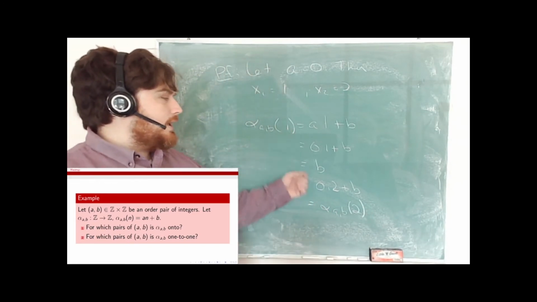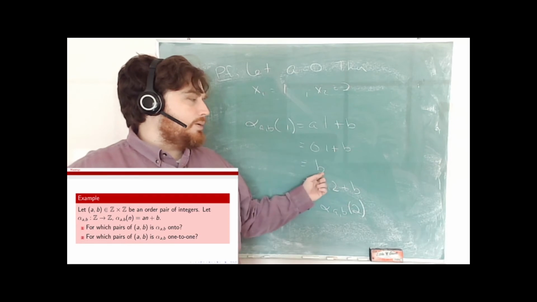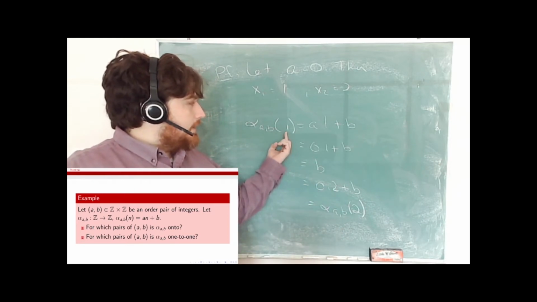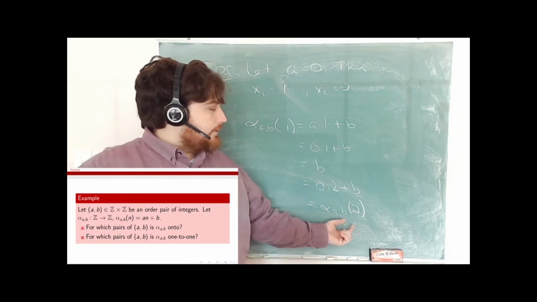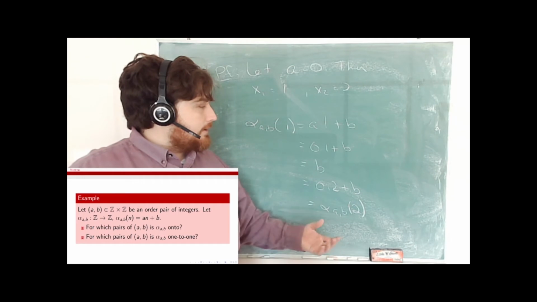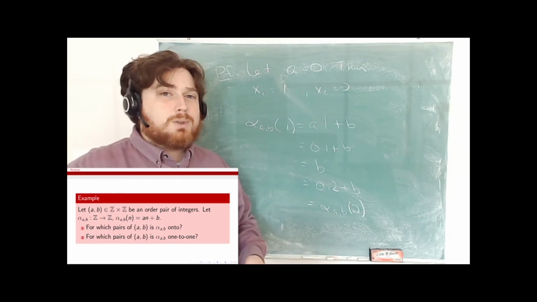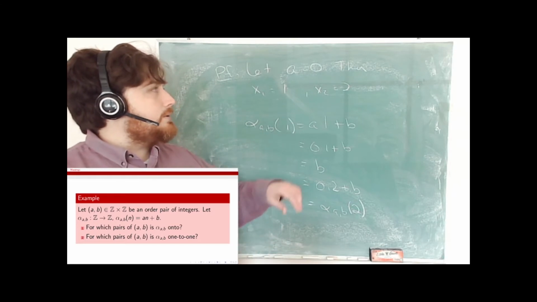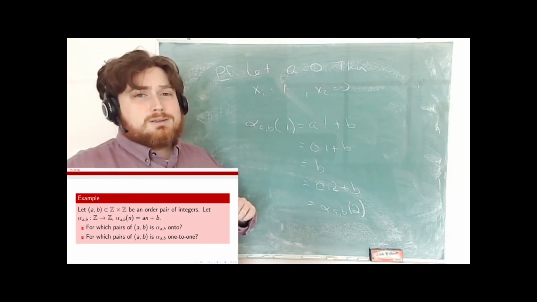So if I plug anything in, if a is 0, I'm just going to get out b every time. So therefore, since I'm getting out b every time, alpha of 1 is equal to alpha of 2. Since 1 is not equal to 2, we get that this indeed is not a one-to-one mapping. So what we have is that alpha sub ab is 1-to-1 if and only if a is non-zero.